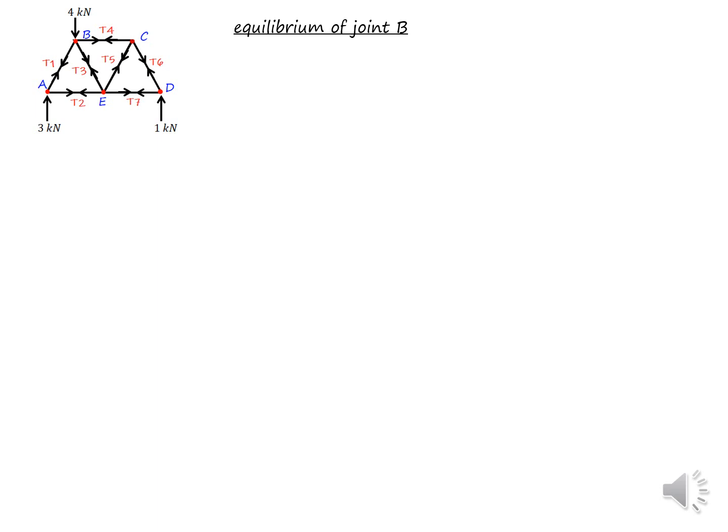So equilibrium of joint B, now we can draw the free body diagram for joint B. You can see T4, T3 and T1 there. T1 is a known value now, so we can apply the equations and obtain T3 and T4.